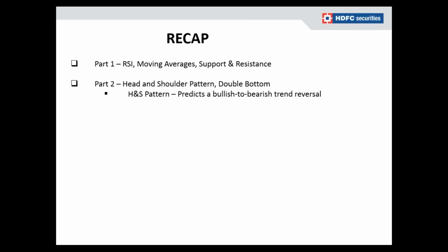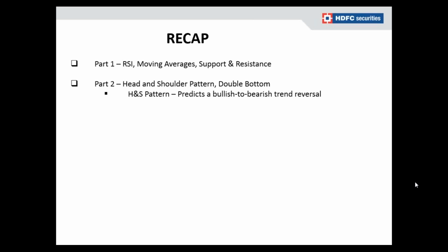In part two, we were understanding the head and shoulder pattern and the double bottom pattern, if you all remember. The head and shoulder pattern was mostly to do with predicting a trend reversal from bullish to bearish.